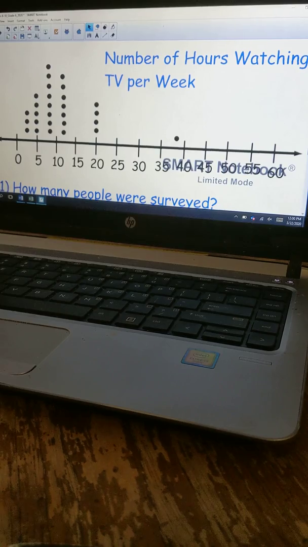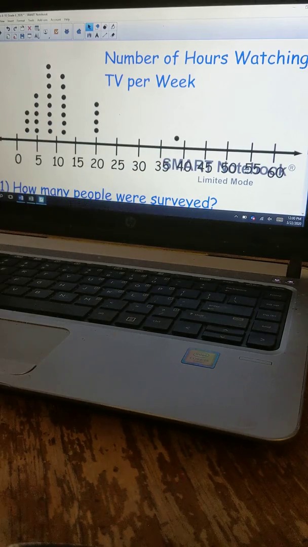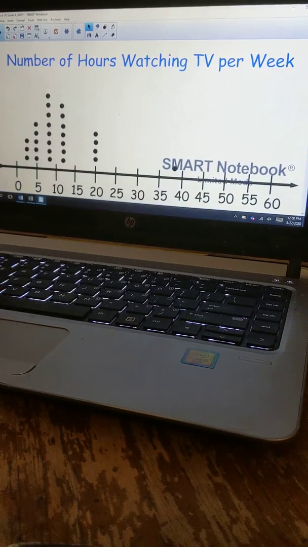We could say that one person watches much more TV than everyone else. This person out here watches between 35 and 40 hours of TV, which is significantly more than any of the answers down here. So statistical questions, not only do they generate a variety of answers, but then those answers can be represented on graphs and charts.